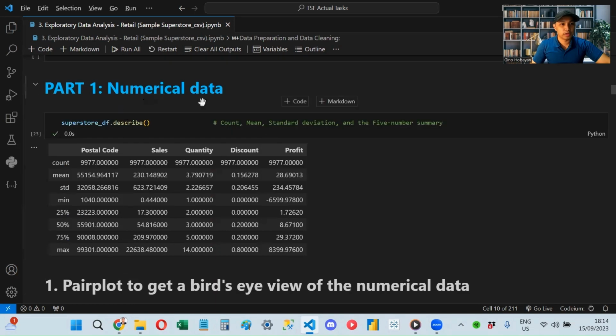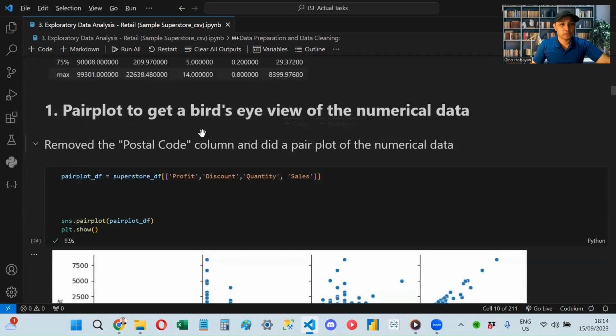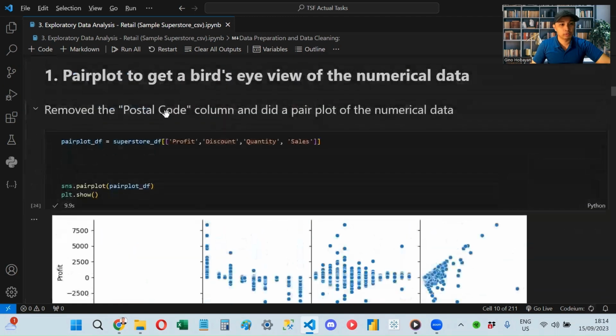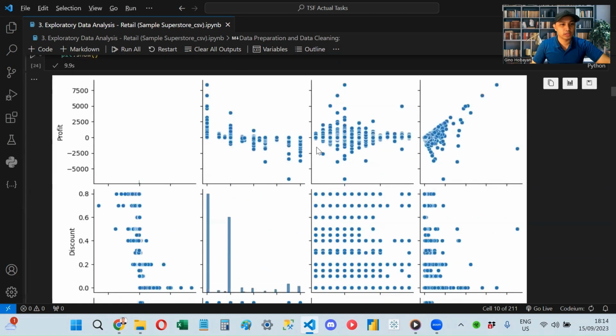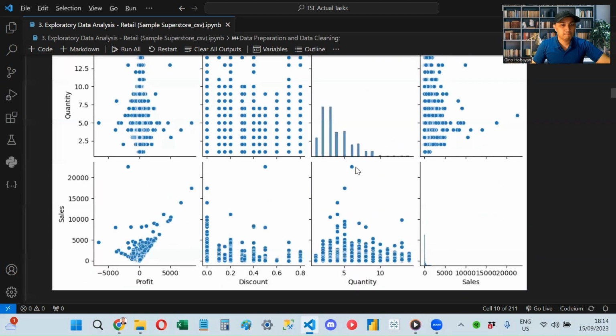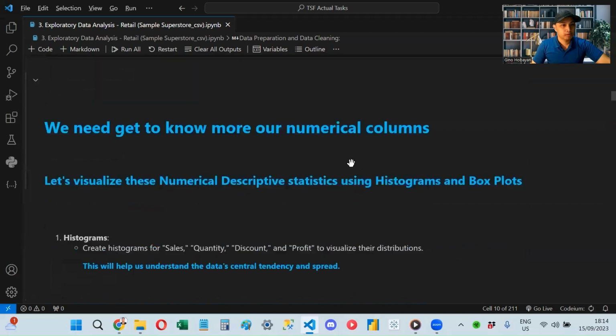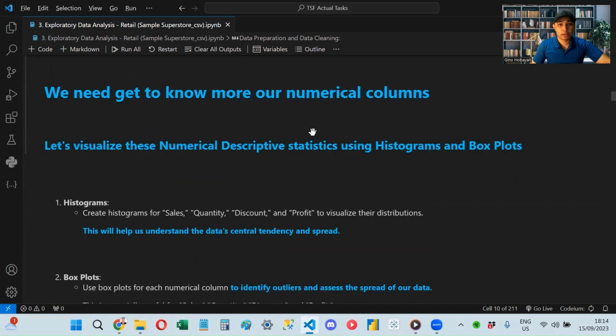These are the numerical data. I did a pair plot first to get the bird's eye view of the numerical data. I excluded postal code since I don't think it's relevant here. This contains the 4: profit, discount, quantity, and sales. Now let's get to know our numerical columns more.